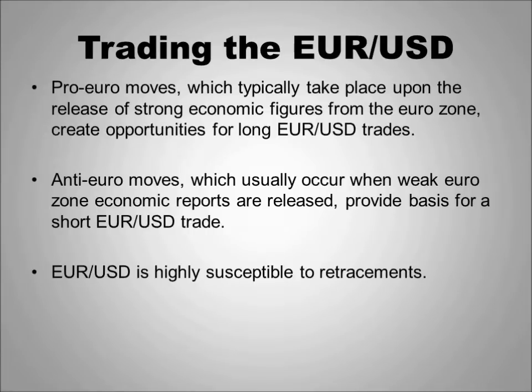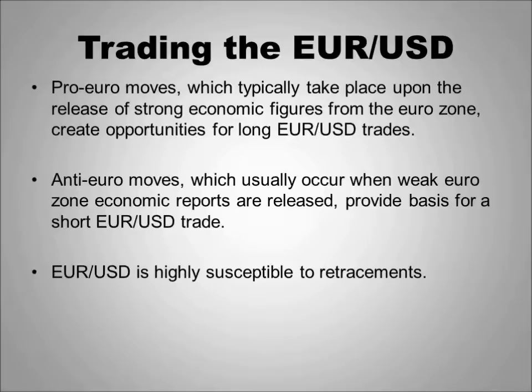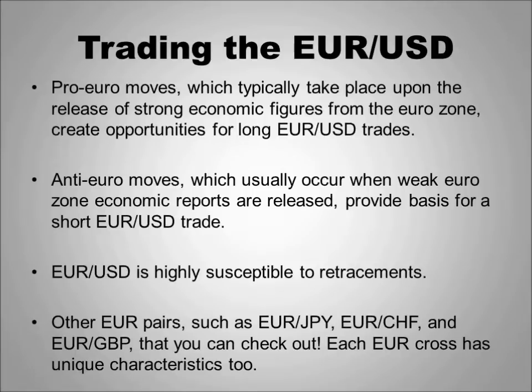And also, euro-dollar is highly susceptible to retracements. So if you love my Fibonacci video, the euro-dollar pair is the perfect opportunity for you to use Fibonacci. Okay, also other euro pairs such as the euro-yen, euro-franc, euro-pound that you can check out.